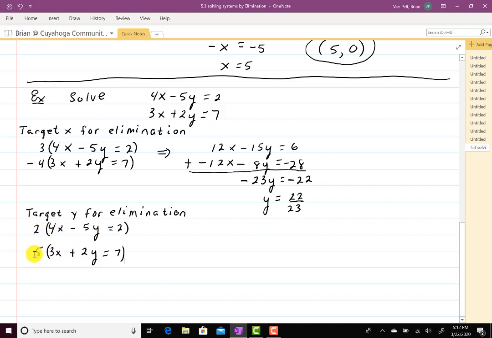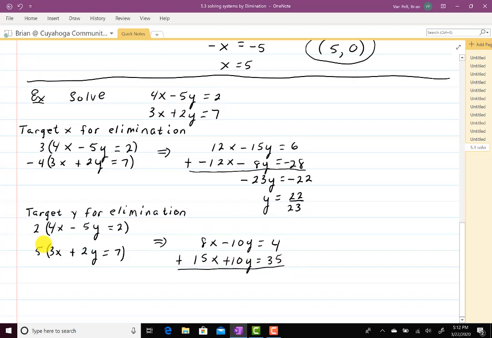So we'll have a negative 10y and a positive 10y. What do these become? I get 8x minus 10y equals 4. And then I get 15x plus 10y equals 35.